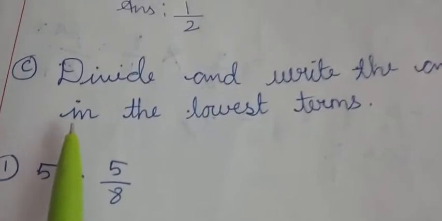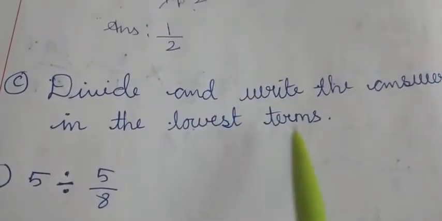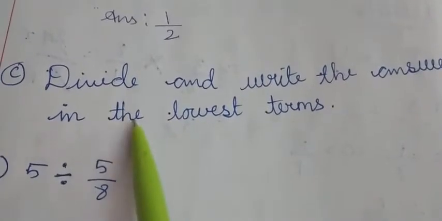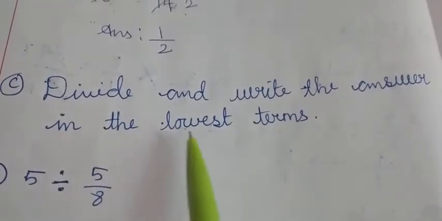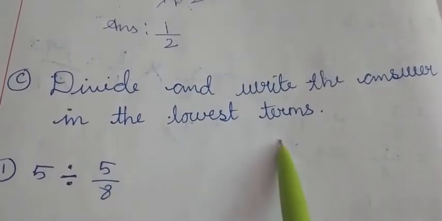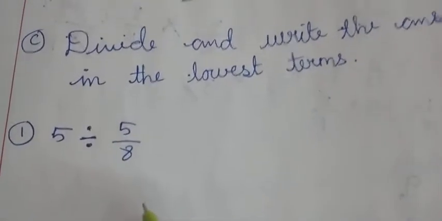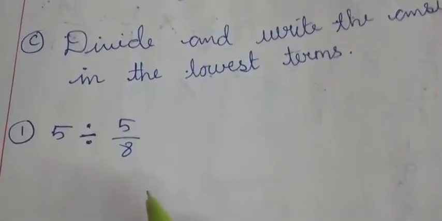Got it. Now section C, if you look, divide and write the answer in the lowest terms. We are going to divide, but we are going to bring it to the lowest terms. The answer can be brought to the lowest term by using the common tables, reducing to the lowest numbers.